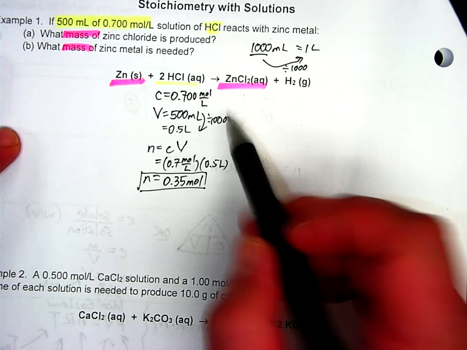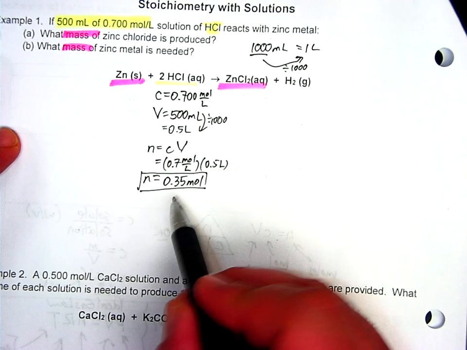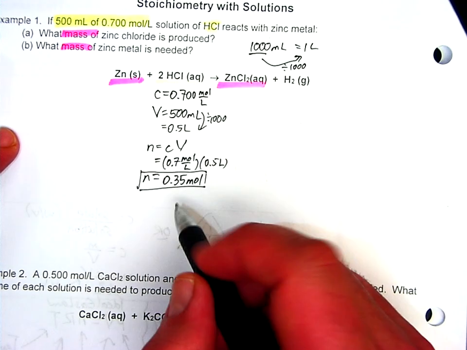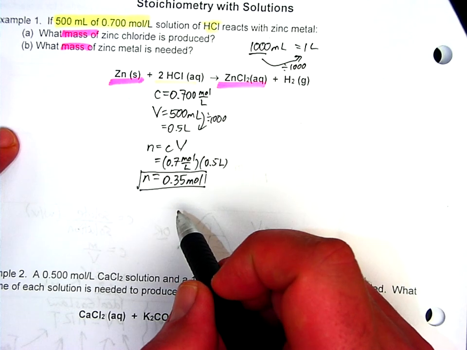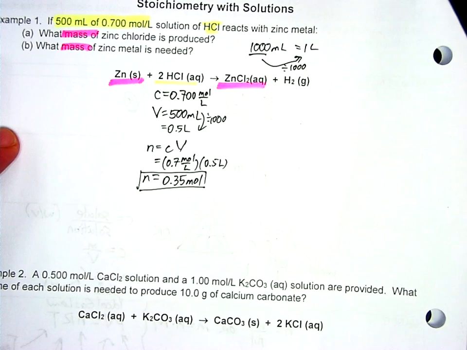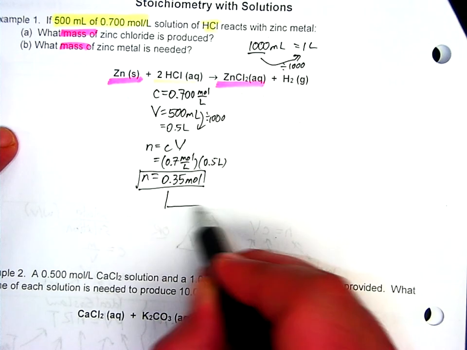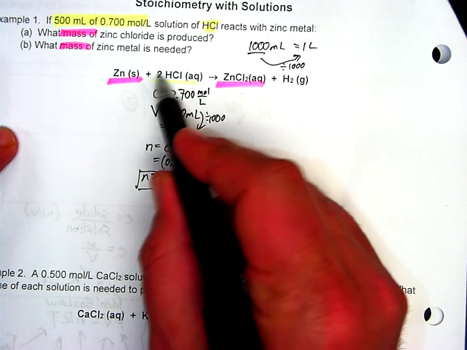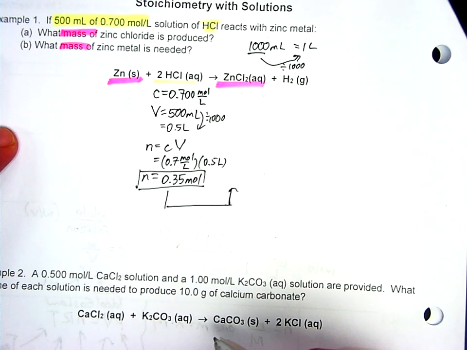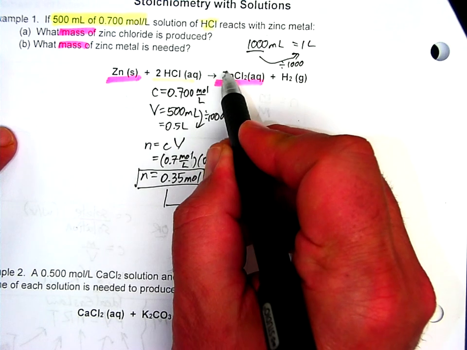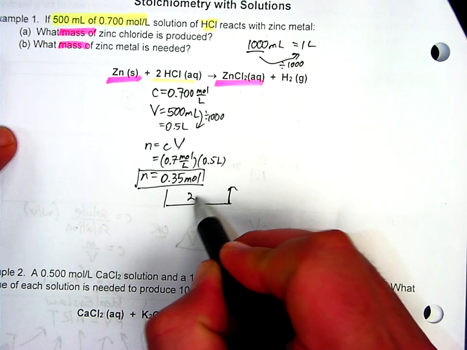Now what I need to do is figure out how many moles of zinc chloride are produced and how many moles of zinc, solid zinc, are needed. Okay, and remember, I'm using the coefficients here to help me out. So I'm going to move from the hydrochloric acid to the zinc. There's a coefficient of 2 there and a 1 there, so it's 2 to 1.